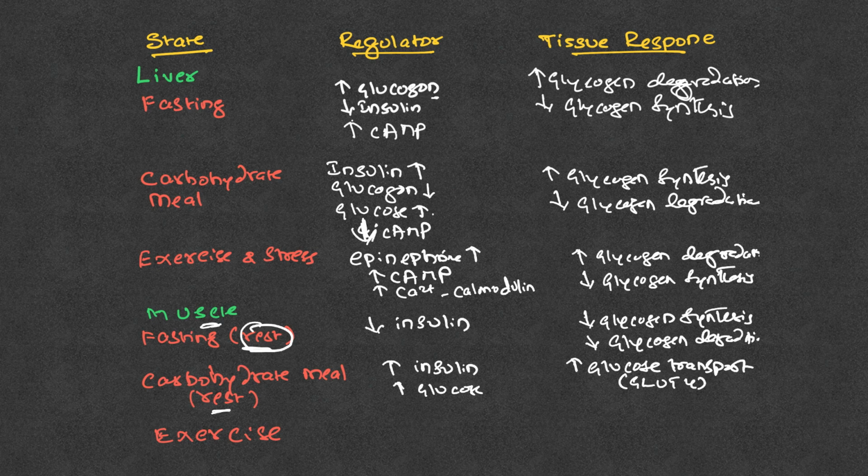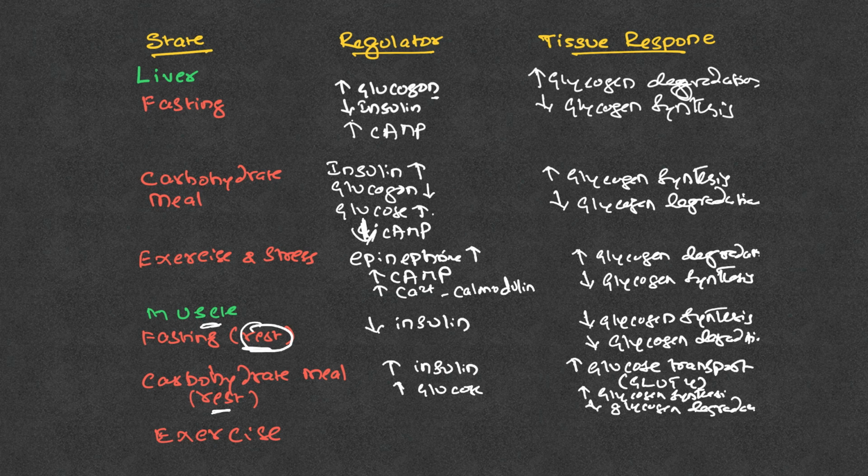So when there is increase in glucose getting into skeletal muscle, obviously there is increase in glycogen synthesis. Glycogen synthesis will increase, and the opposite process, glycogen degradation, will decrease. This is what happens. Now what will happen when the person does exercise?